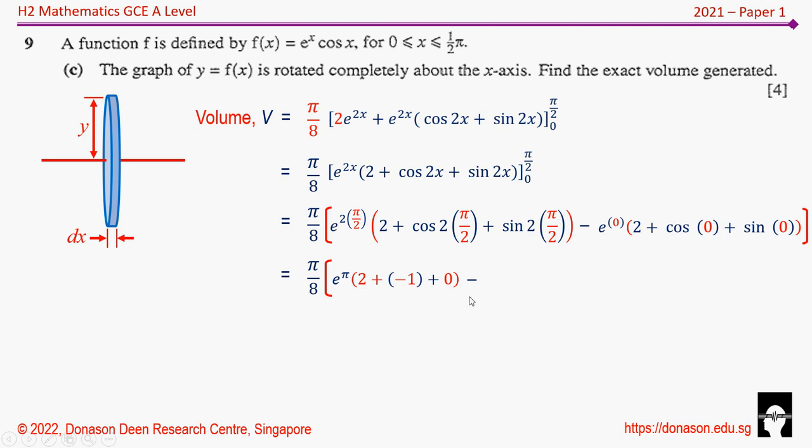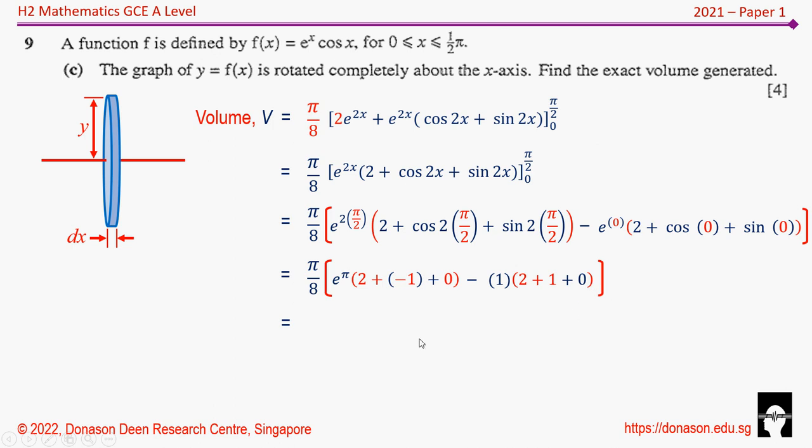And then this minus sign is what we have here. What is e to the power of 0? Anything to the power of 0 should be a 1. So 1 times anything is going to be just the same thing. So that's a 1. And this 2 is here. And cosine 0 is a 1. So I've written a 1. And sine 0 is of course a 0. So that's what we have now.